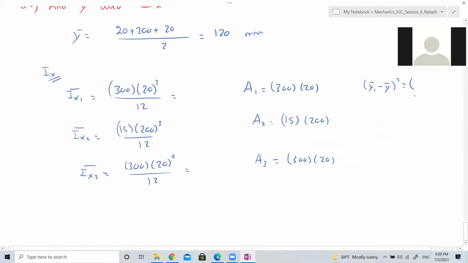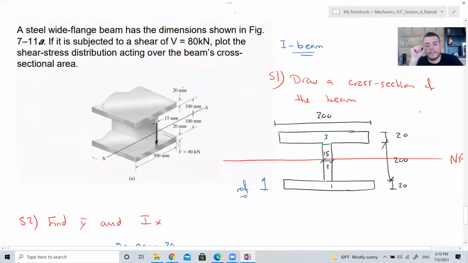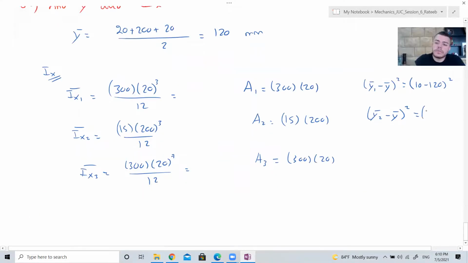It's 10. So 10 minus 120 squared. What is y2 bar minus y bar squared? What is y2 bar? It's 20 plus 100, which is 120. So it's 120 minus 120 squared.